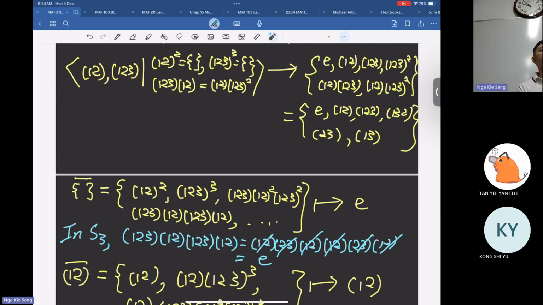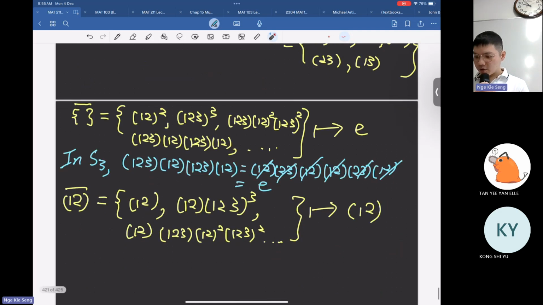So we are understanding the computation using the map. We use the map to understand here.